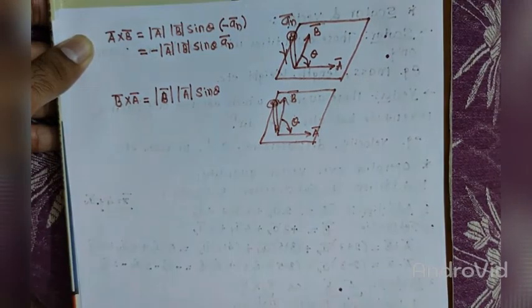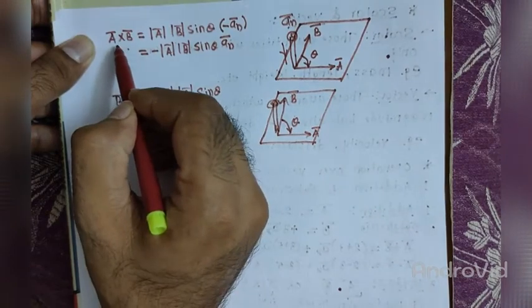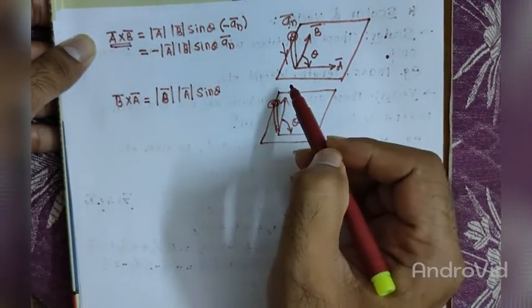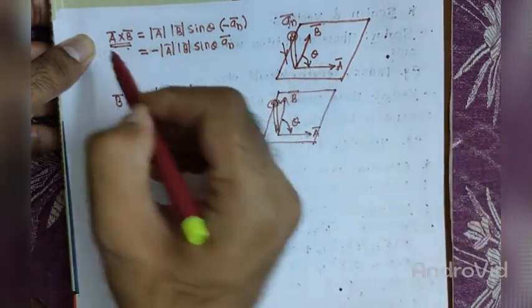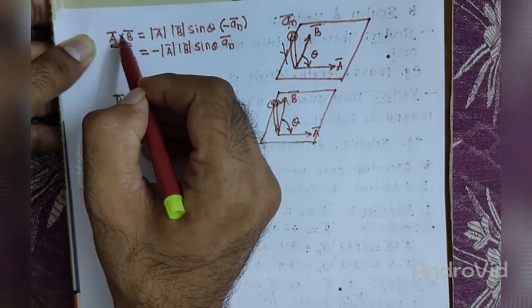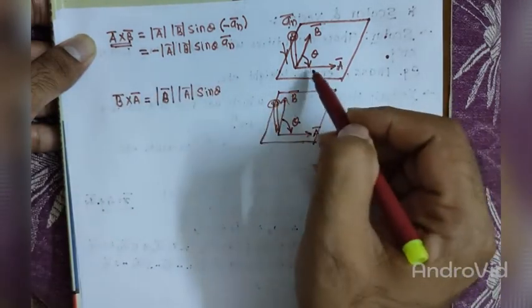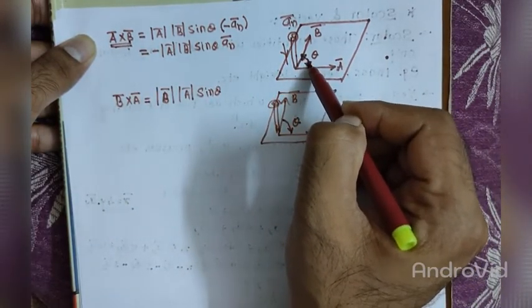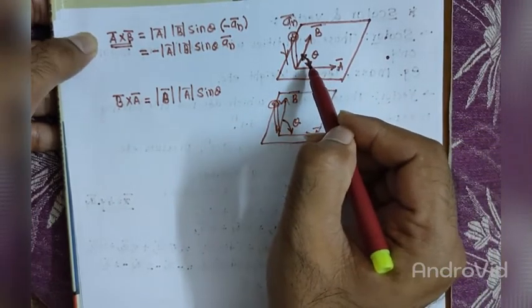Sorry, one thing I forgot to tell you here. See what I have written here, A cross B. A cross B means the angle actually started from point A and it will be ending at the point B. So this is not the direction; this is the direction. It is from A to B. Sorry, I forgot this.